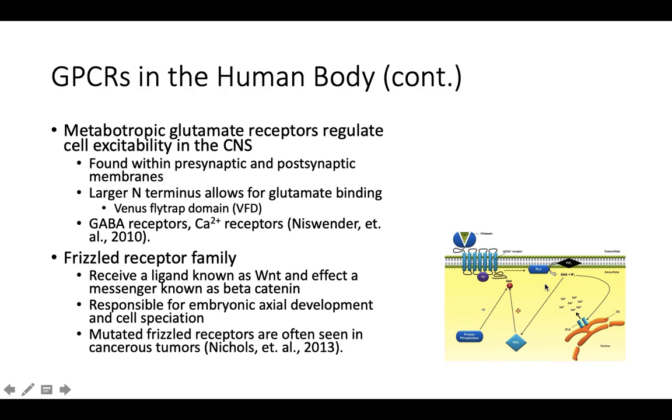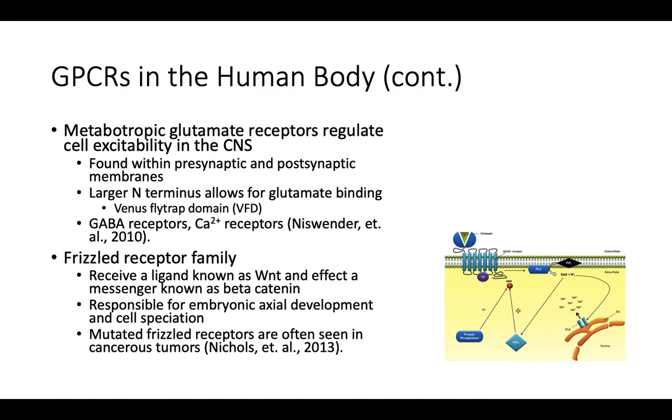And then we have a smaller receptor family, known as the frizzled receptor family. We didn't know as much about this one until recently. It is responsible for receiving a ligand known as WNT, and this affects a messenger known as beta-catenin. Researchers have found that beta-catenin is especially important in embryos, helping develop their trunk and helping the cells become what they need to be for that baby to grow.